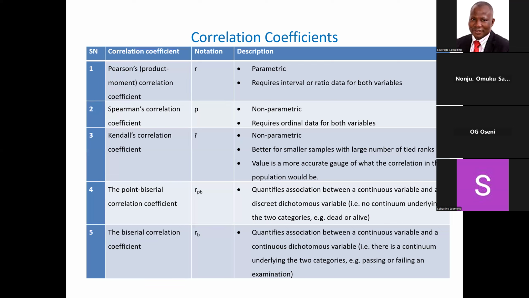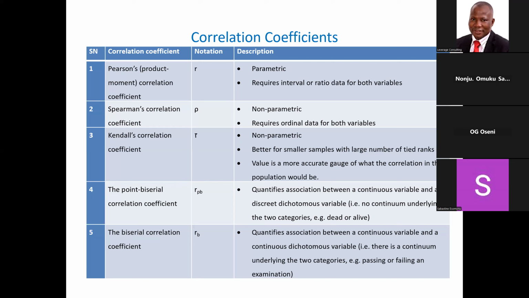Now there are other forms. This one is only useful when you are dealing with continuous variables, and you expect it to be parametric, following a normal distribution.